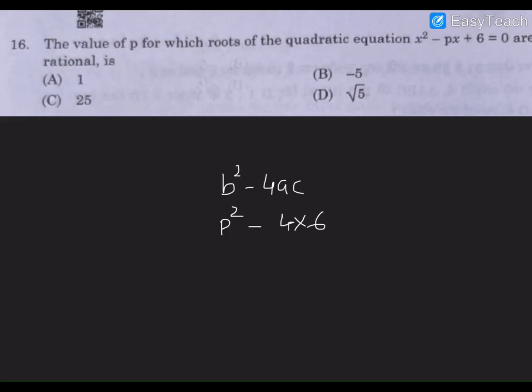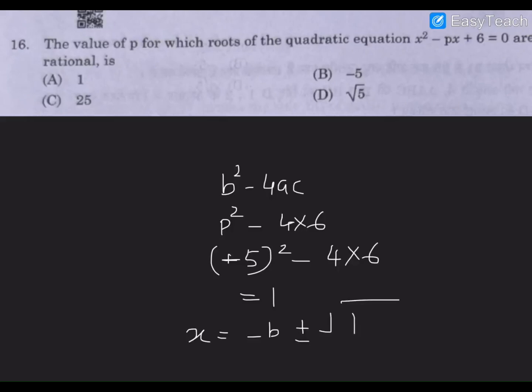Taking a as 1 here, if you put minus 5 whole square minus 4 into 6, it comes out to be 1. So in the quadratic formula also, minus b plus minus root of 1 will give you a rational value. So for the 16th, B is the correct answer.